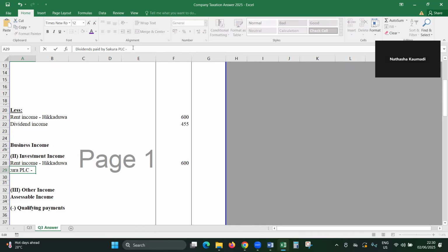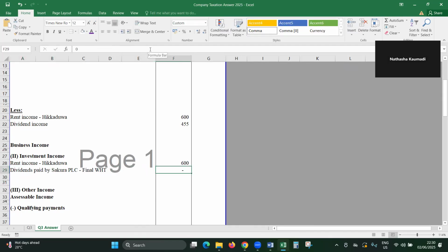And that deducted WHT is final WHT. Final WHT means you are not taking or considering that income again. You are not taxing that again or claiming tax credits. That is final. So you are not taking any amount here.